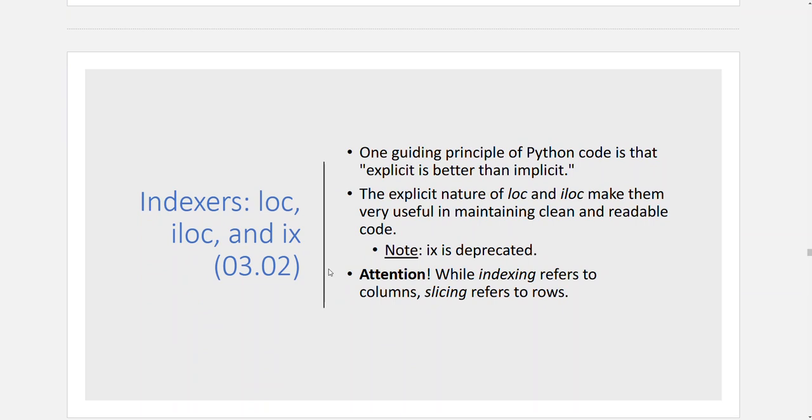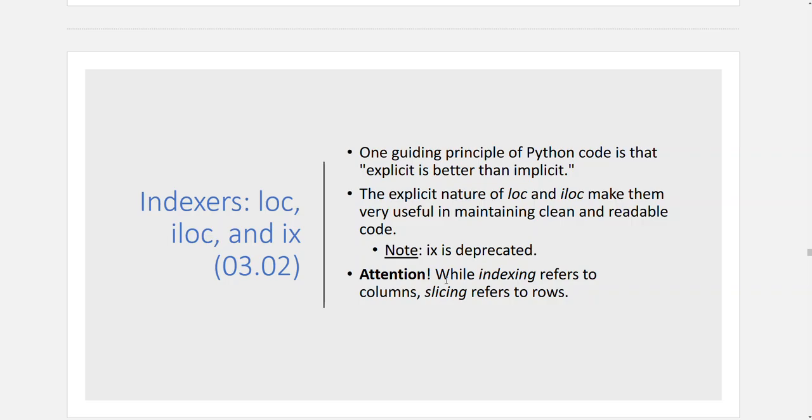Now, we've got something that's different, and this will take some of you a little getting used to. We've got loc and iloc. There's ix, but it's deprecated. We're not using it anymore. So we're saying loc and iloc, and they help us get into rows.